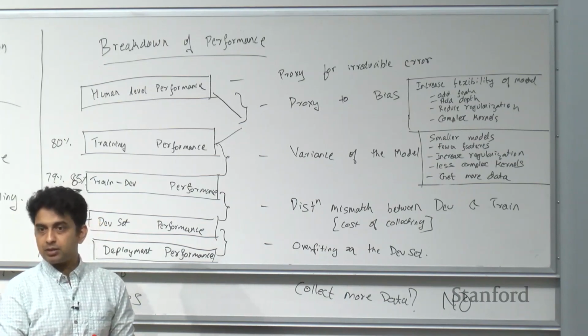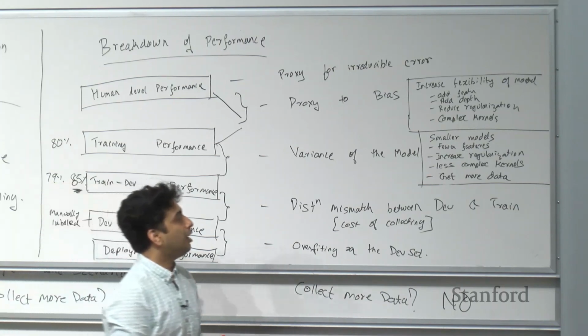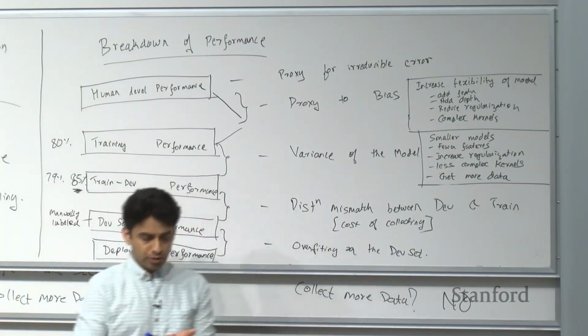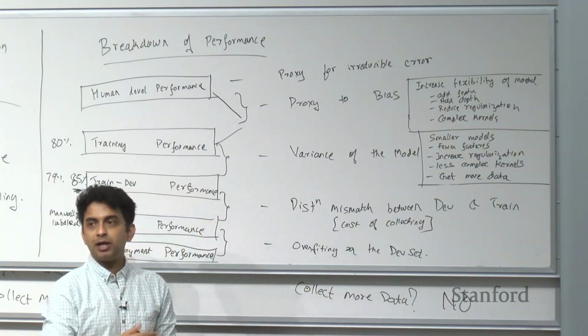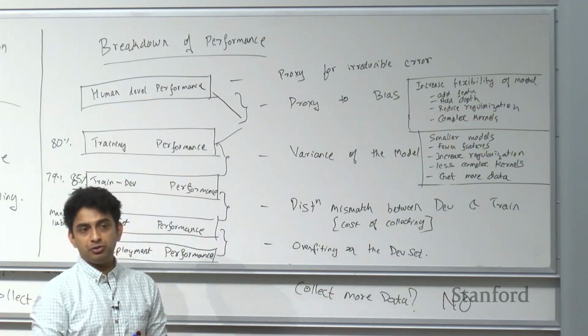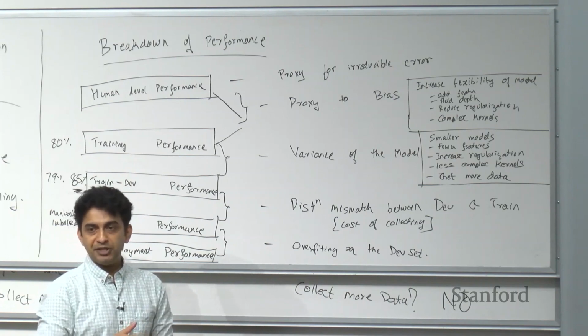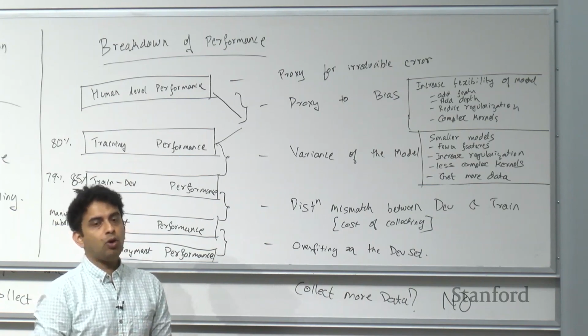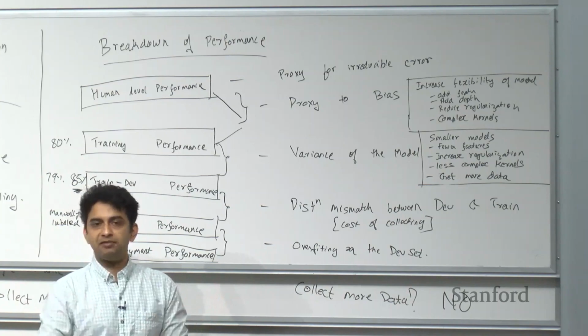may be the wrong thing to do if the problem that you're facing is high variance. Similarly, let's say you're getting some kind of performance on your dev set. You feel it is insufficient, and you go about just collecting more data to increase your dev set performance.